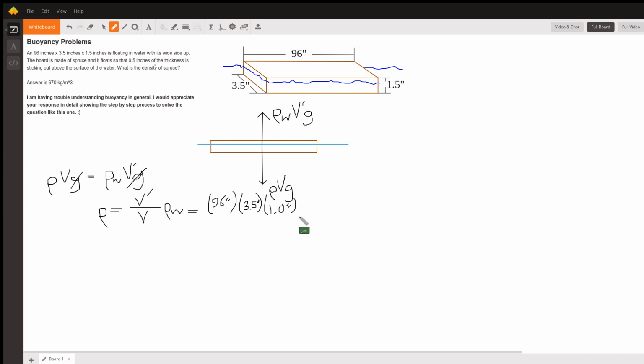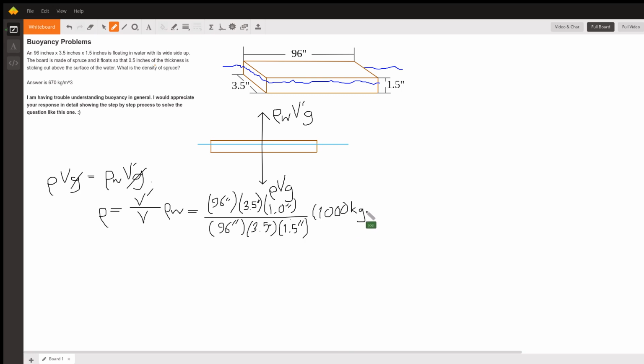All right. And then we divide by the total volume. So that's 96 inches, 3.5 inches, and then the full height of the board is 1.5 inches. I think what you can see is that the first two parts just cancel out. And let me write the density of water. I'm going to use an approximation, which is about 1,000 kilograms per cubic meter.